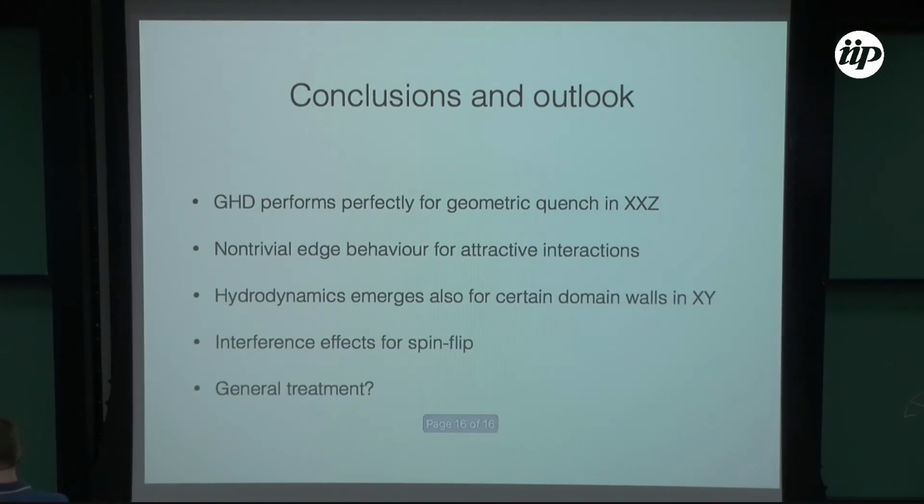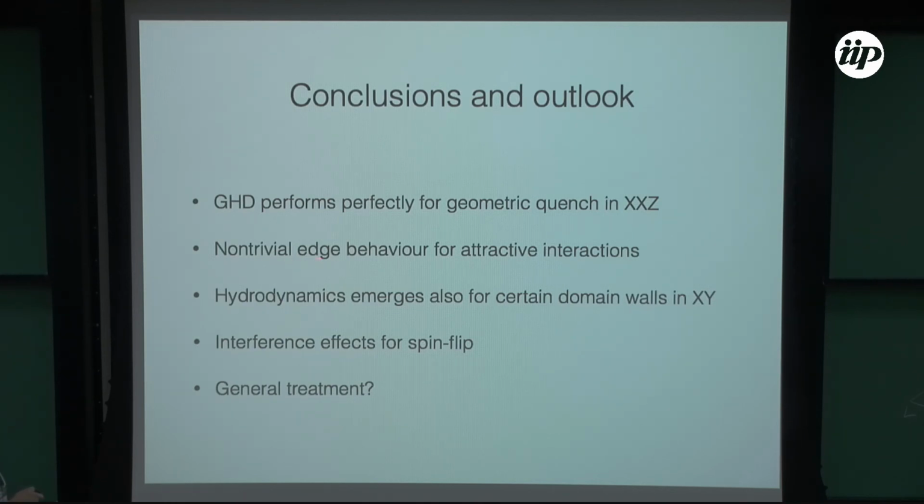All right, so with this, I would like to conclude. Actually, what I wanted to transmit in this talk was that GHD, if you apply it to a very specific and very simple problem, can perform perfectly, and we can find non-trivial behavior, first of all, for the difference between positive and negative delta, so attractive and repulsive regimes.